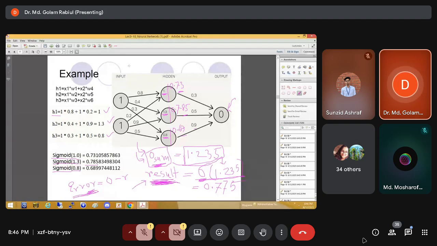So if we want to find the derivative at 1.235, it will be sigmoid of 1.235 times 1 minus sigmoid of 1.235.